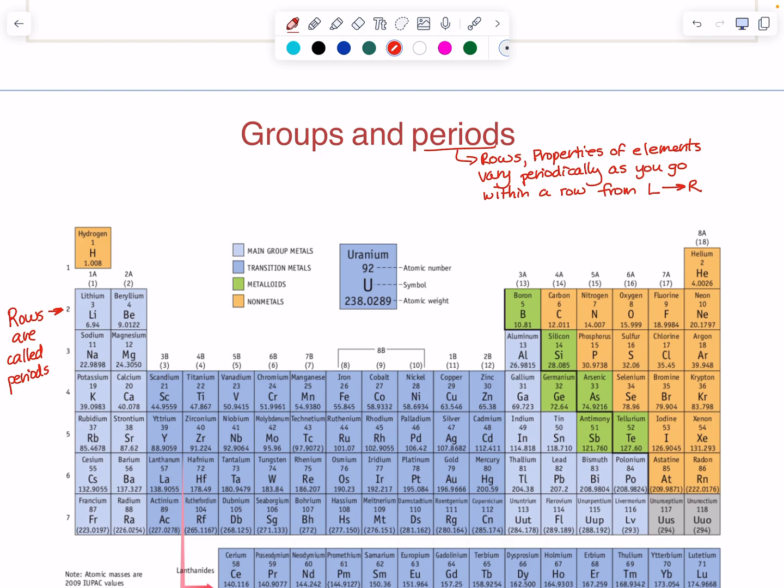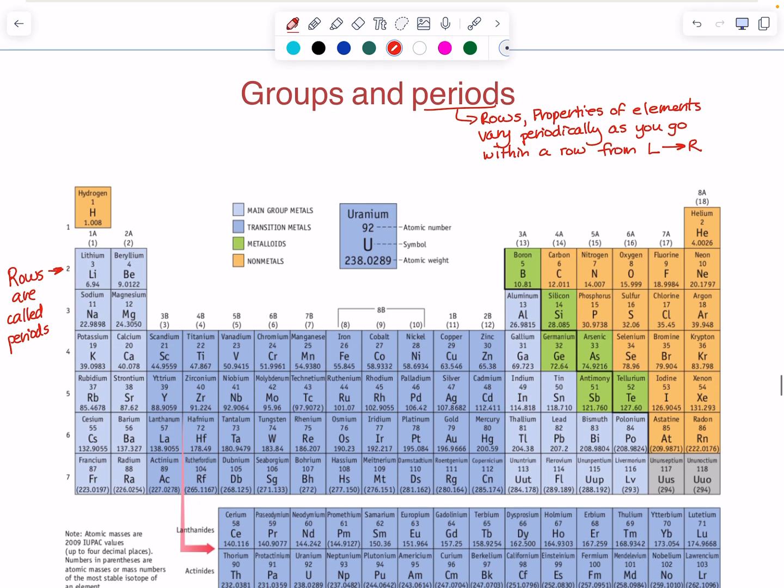Before we do that, let's talk about the columns. The columns of the periodic table are called groups, and the groups can also be called families. The rest of the world just numbers the columns 1, 2, 3, 4, 5, 6, 7, 8, 9, 10 to 18.